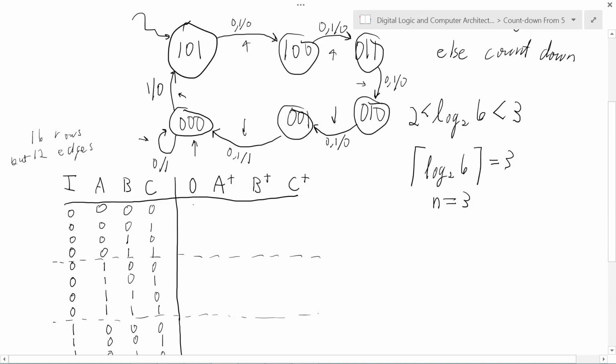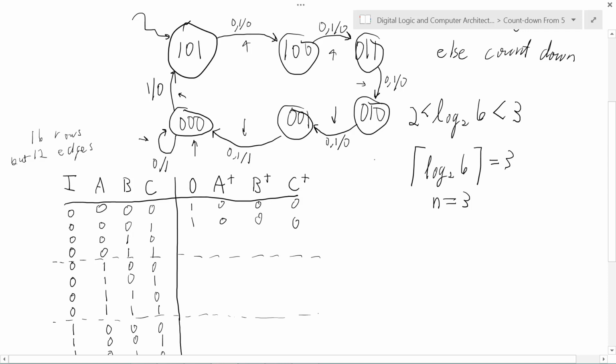Input 0, we're going to have an output of 1, and the next state is 0, 0, 0. For state 0, 0, 1, input 0, the output is going to be 1 again, and the next state is going to be 0, 0, 0 again.